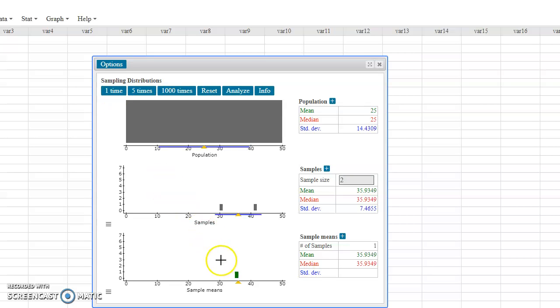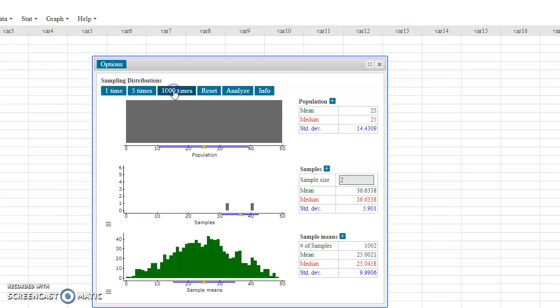Here's our first sample mean. It's about 36. Let's do it again. That time we got 27.4. Okay, let's do it 5,000 times, just like we did when we had a normal distribution for the population.